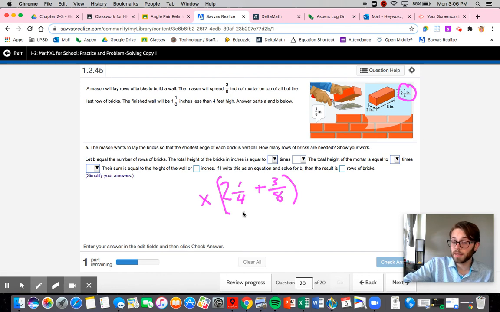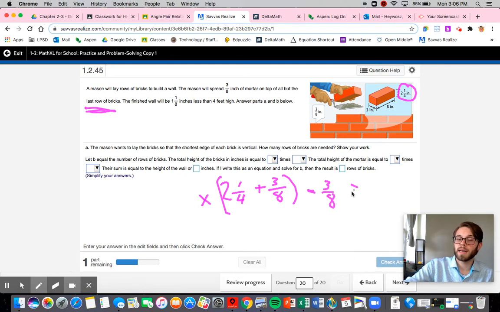The only problem is it tells us right at the beginning, all but the last row. This expression right now is giving us this for every row, and we're saying that this 3/8 is happening every single time. So I do still have to subtract out a 3/8, okay?